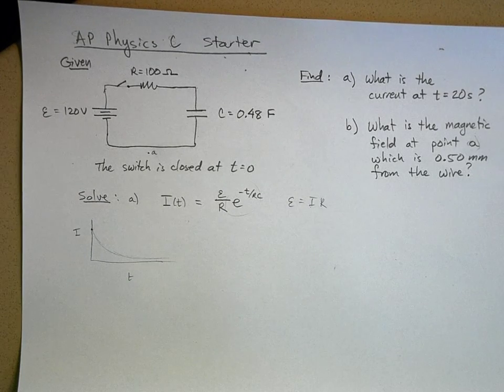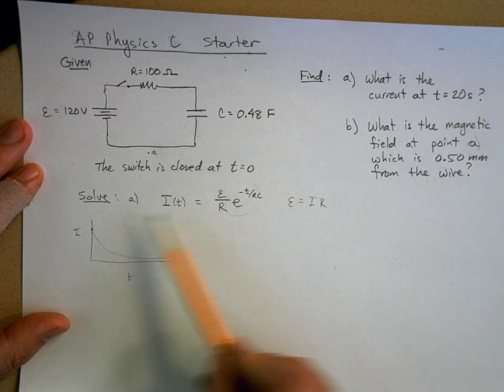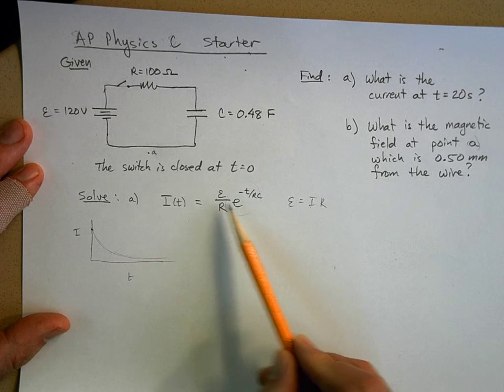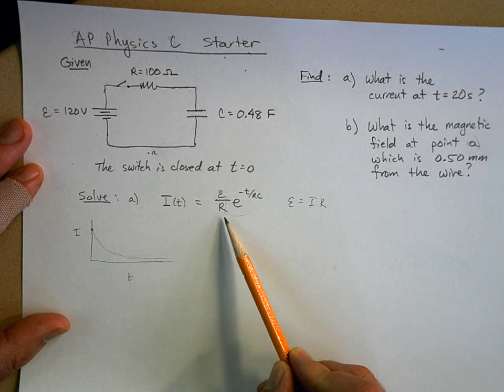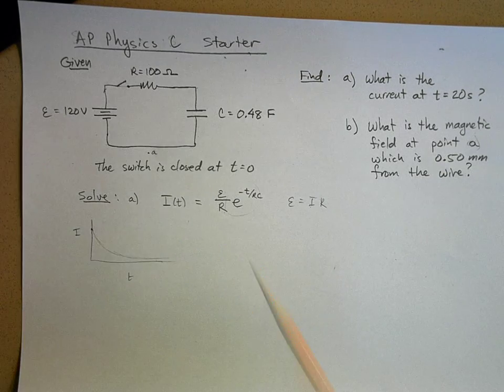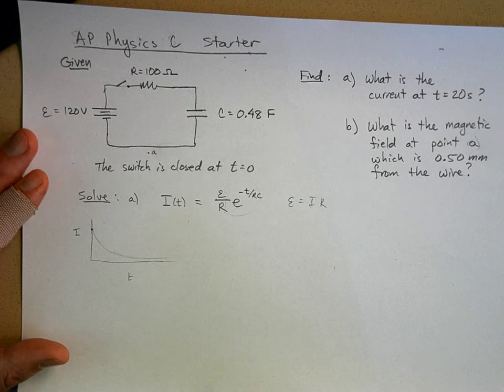That's the other version of it, because it's starting off here. So at t equals 0, you have e to the 0 power, which is 1. You have E over R current. So that's how I figure out what that is.